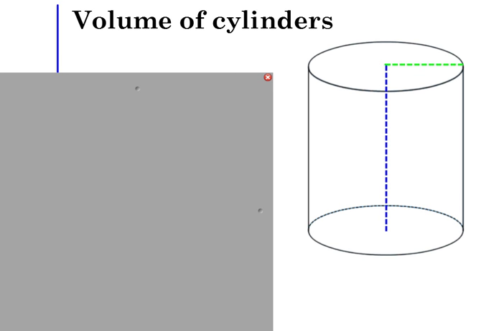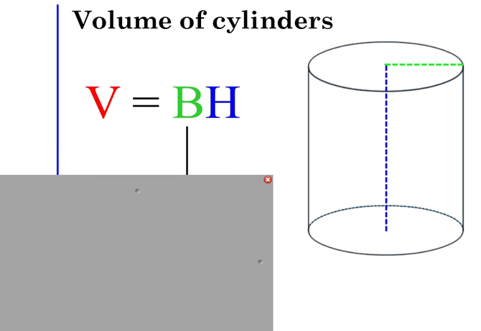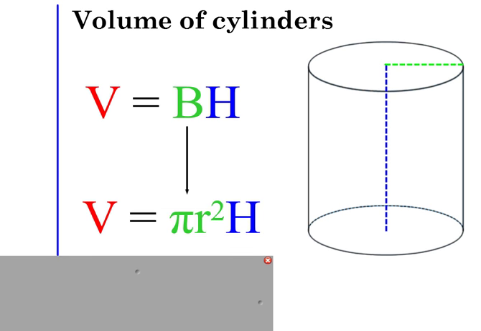So how do you find the volume of a cylinder? Well, since it's really a lot like the volume of a prism, the only difference is that the base is no longer a rectangle, it's a circle. And the area of a circle, since we did that in our last lesson, is pi r squared.